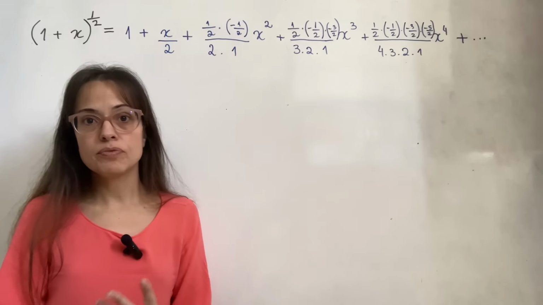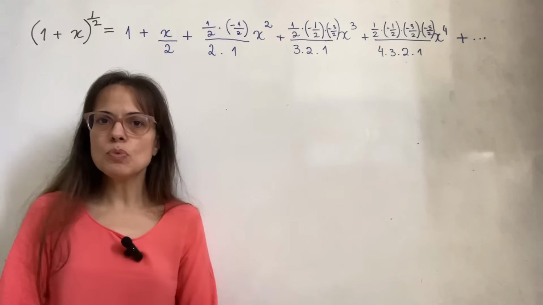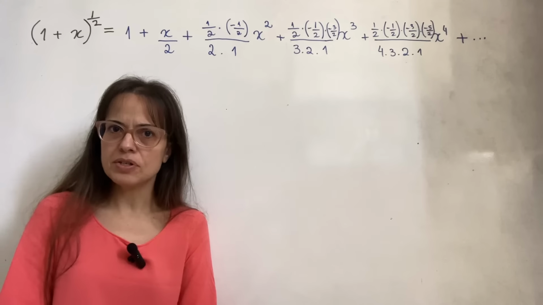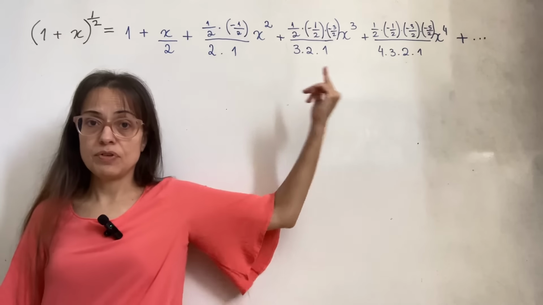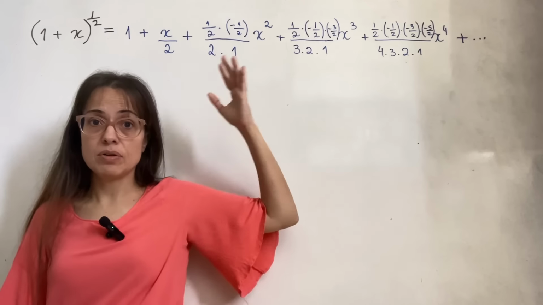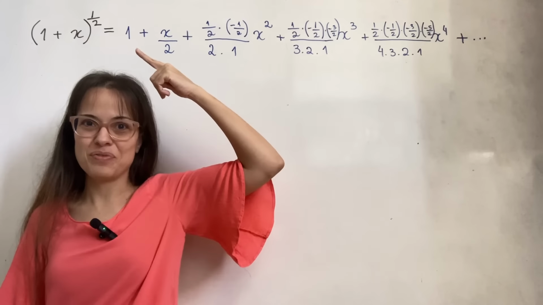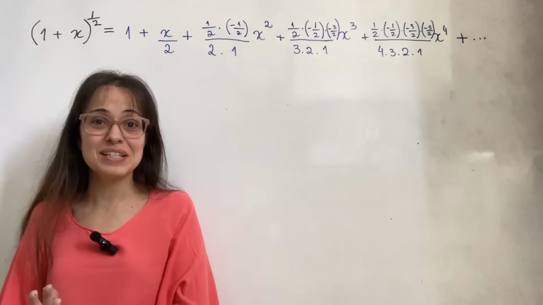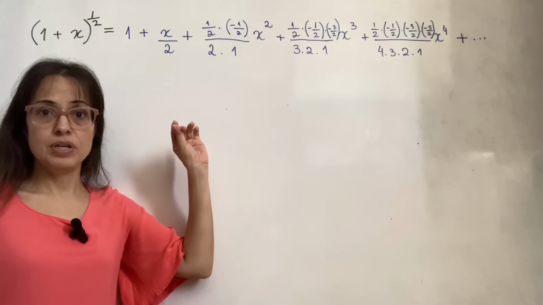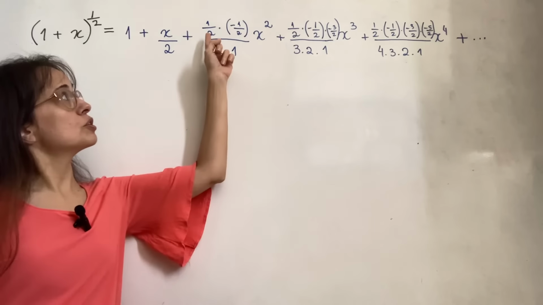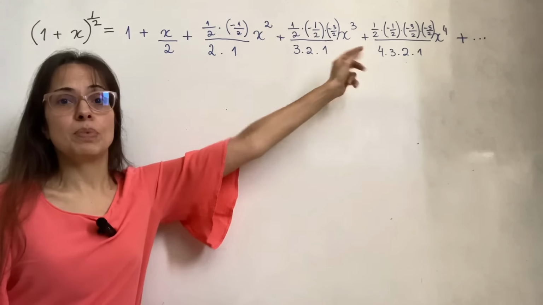I did x to the power of 4 as well, but this one is more difficult to find a pattern, isn't it? We do have the factorials in the denominator and the alternating signs, except for the first term, which should be negative but isn't. And there is a power of 2 appearing here as well that's going to be in a denominator, like 2 squared, 2 cubed, 2 to the power of 4.